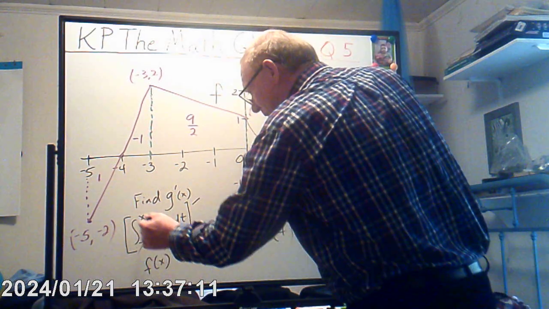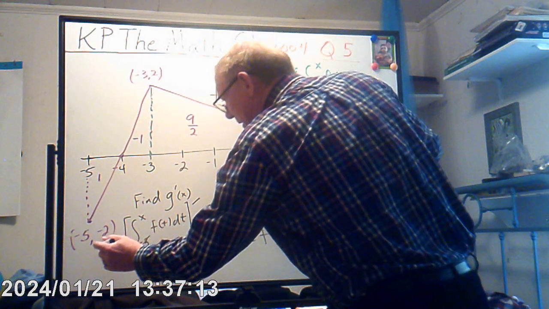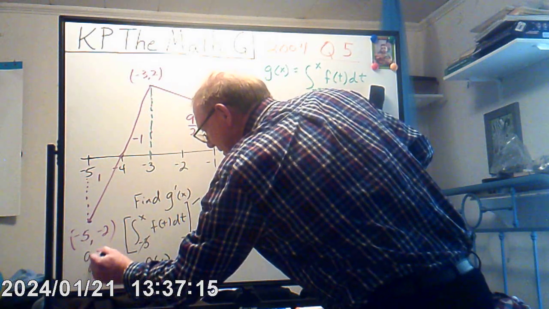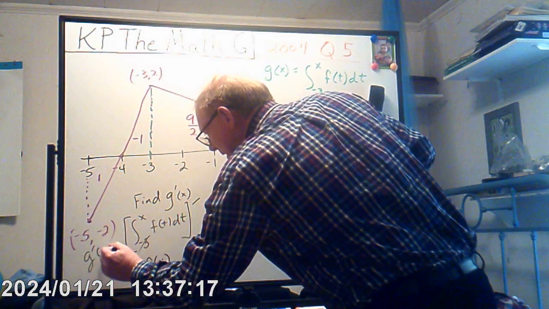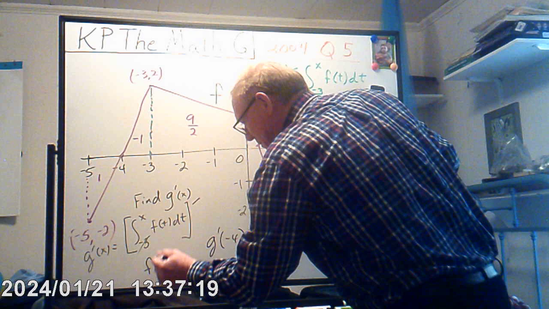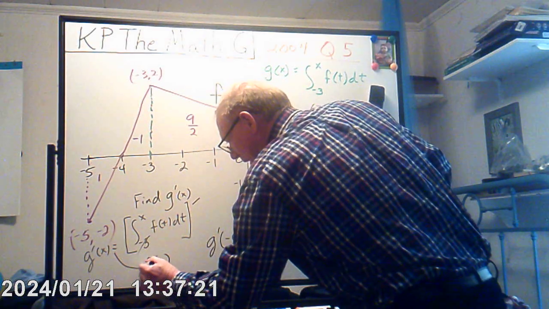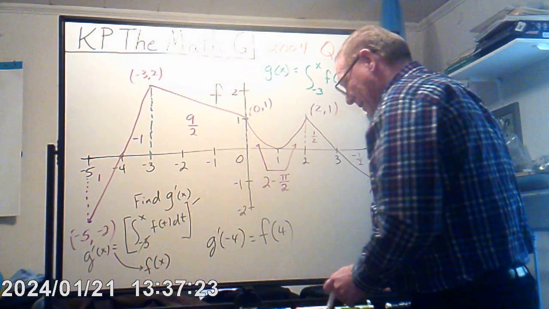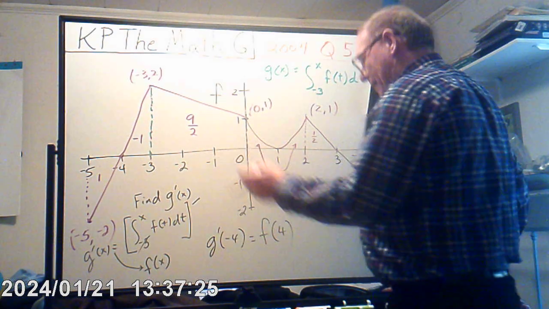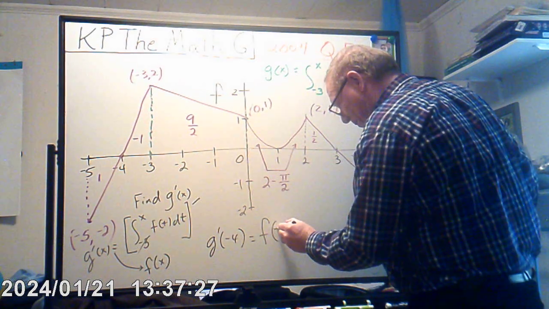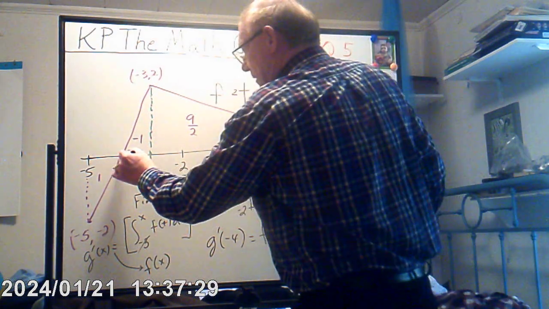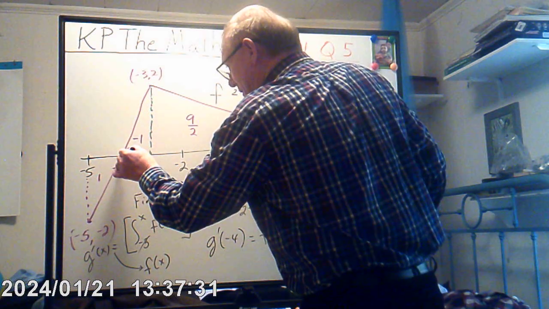G prime at x is equal to f at x, so all I'm doing is looking at f at, in this case, -4. F at -4 is 0.